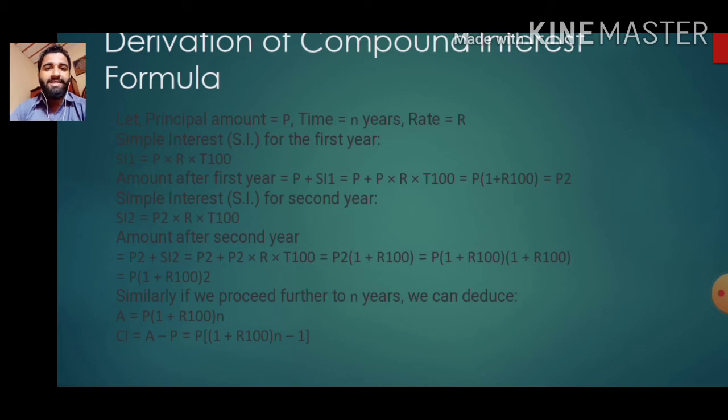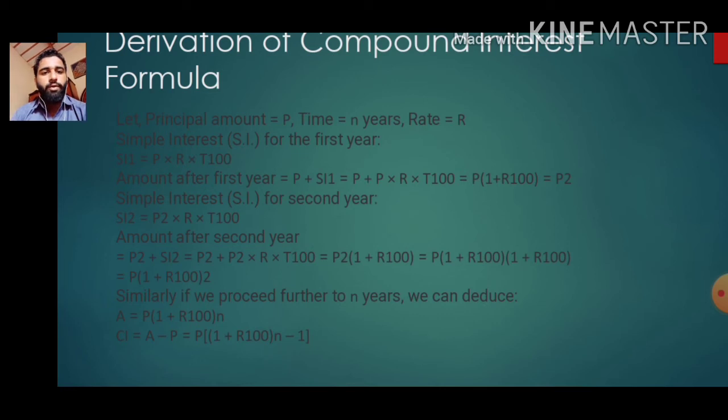Simple interest SI2 for the second year is P1 multiplied by R multiplied by T divided by 100. Amount after the second year is P1 plus SI2, which is P1 plus P1 R T/100, equal to P(1 + R/100) squared.